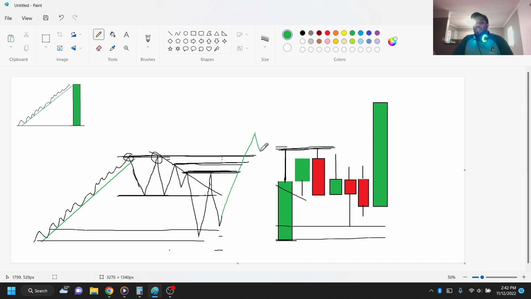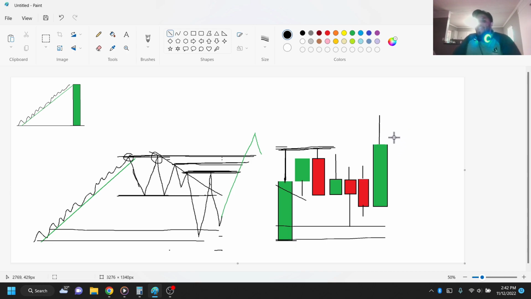When you see a retest, what does that look like? Well, the retest just looks like this. If the candle ends like this, it's a retest to this level.